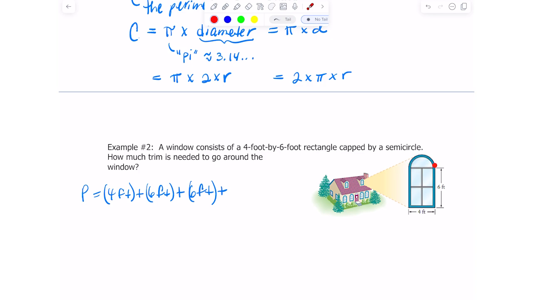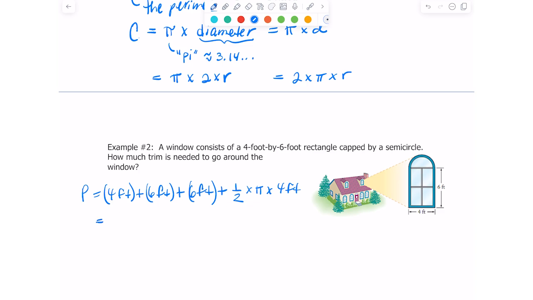So I know that really what I'm finding is the circumference of the circle. I know the diameter, which would be 4 feet. So if I can find the circumference of a full circle and just take half of it, it'll give me the trim here. So normally the formula for circumference of a circle is pi times diameter, but I'm going to do half times pi times the diameter, and my diameter is 4 feet.